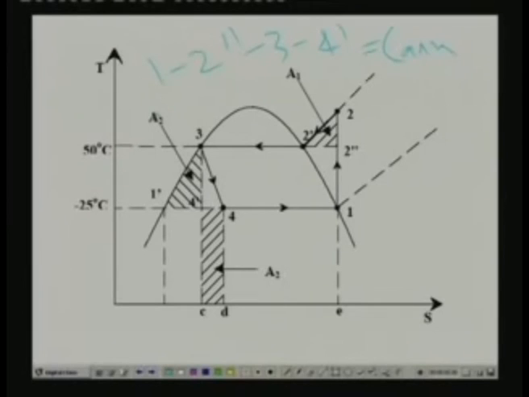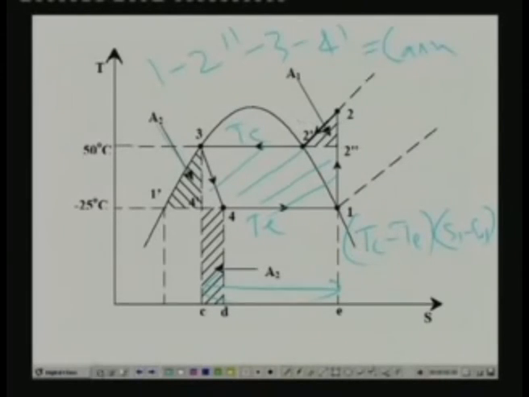Find out the work done during this Carnot cycle. Work done during this Carnot cycle is the rectangular area, that is Tc minus Te, into the entropy difference, that means S1 minus S4 dash. We know all these things, so you can easily calculate the work input to the Carnot cycle, and work input to the actual cycle is work input to the Carnot cycle plus this area plus this area.